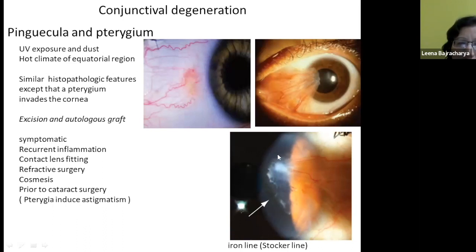You can see in this pterygium Stocker's line, which is the iron pigment deposition due to irregularity of the tear film. The most important difference is that pinguecula doesn't encroach on the cornea, whereas pterygium can.